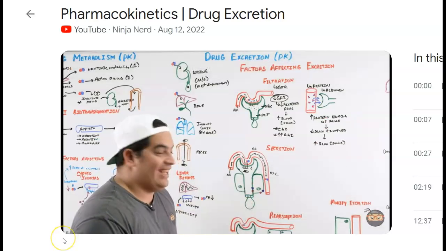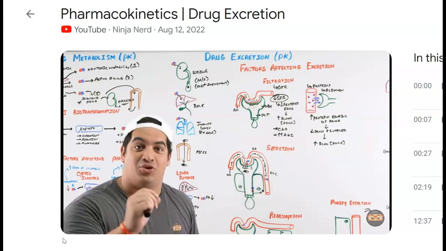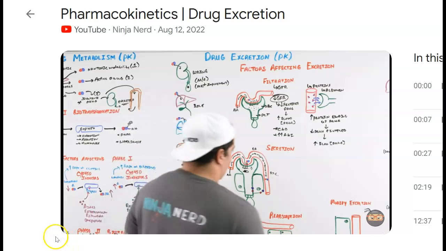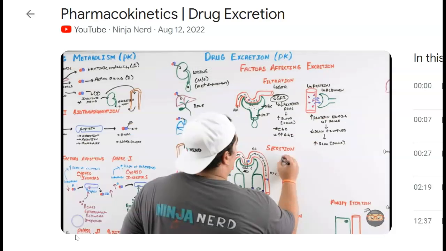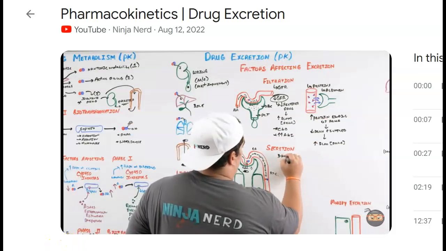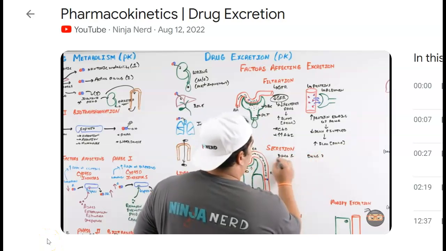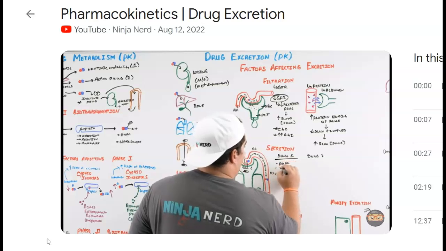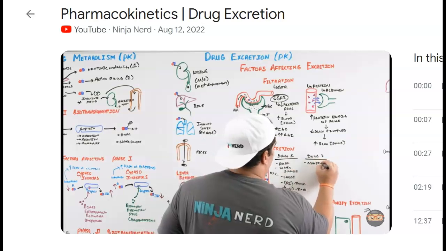In order to do that, it depends upon the solubility of the drug and the concentration gradient of the drug. So let's say, for example, I have one drug. Again, general idea. Drug 1 for excretion, and then drug 2 for excretion. Drug 1 is polar, water soluble. I jumped forward a little bit here.